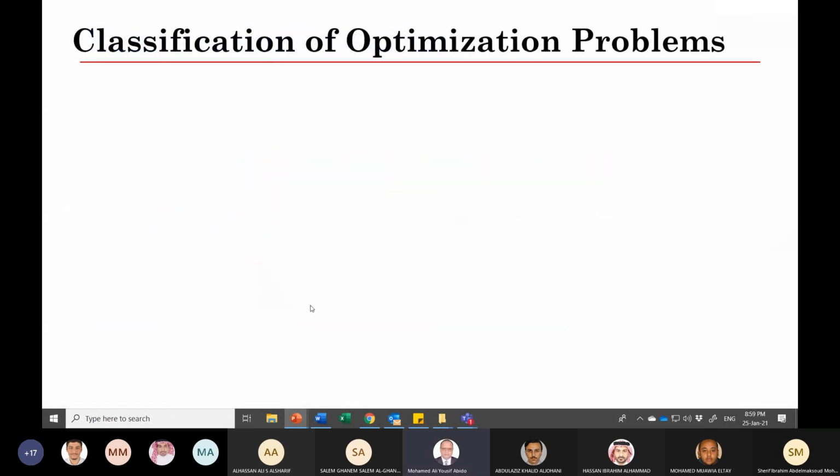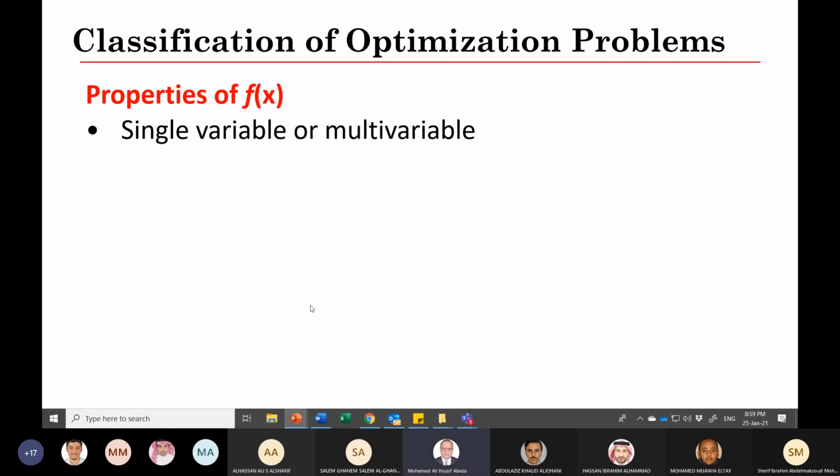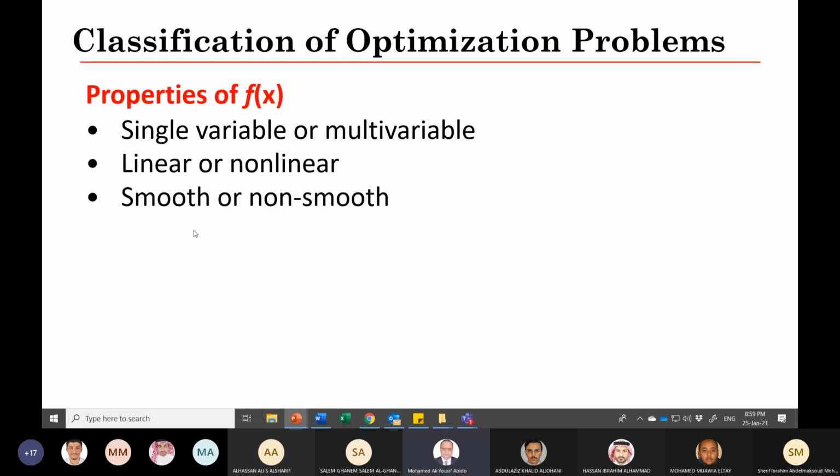Okay, so optimization problems can be classified by the properties of f of x, the objective function: is it single variable or multivariable, where you have different optimized parameters; linear or nonlinear. This f could be a linear function, for linear programming applications, or a nonlinear, quadratic function; smooth or non-smooth.